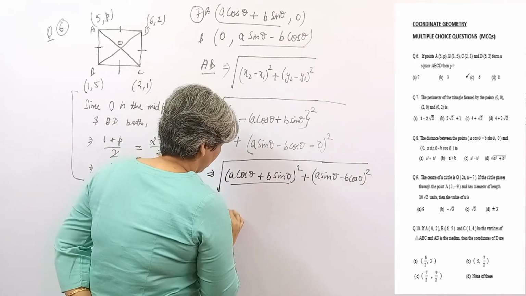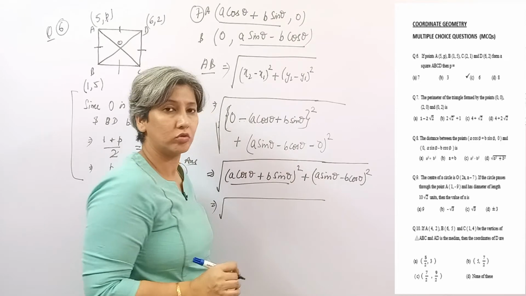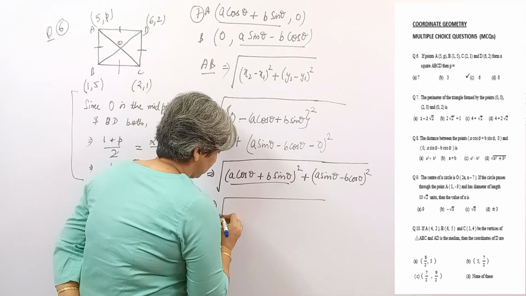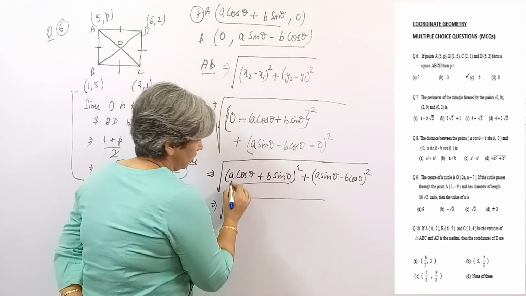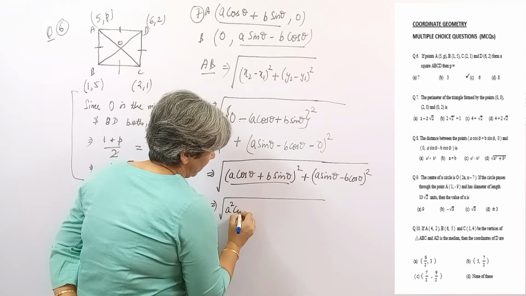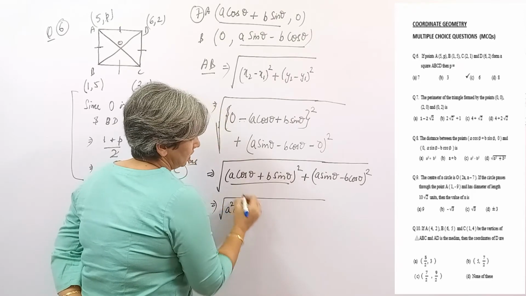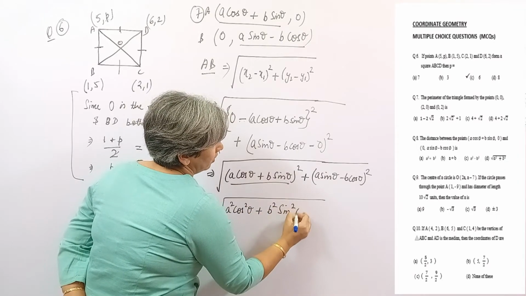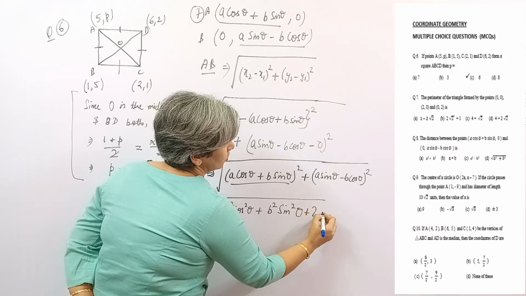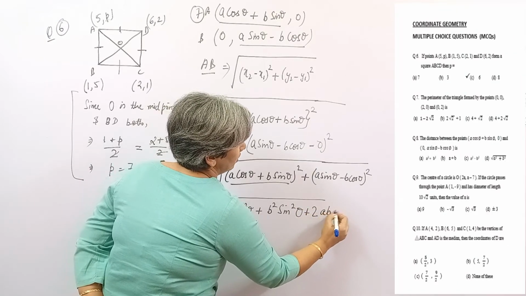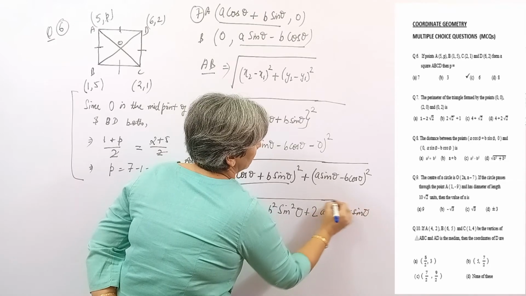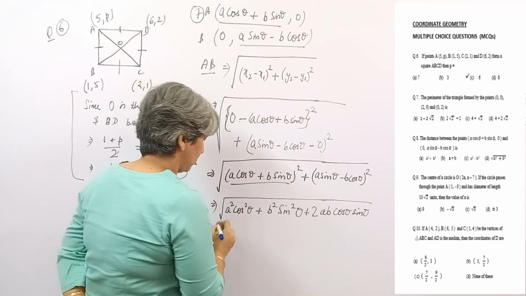Now let's quickly use the formula. We know (a plus b) whole square is a square plus b square plus 2ab. So we'll simply start putting the formula: a square cos square theta plus b square sin square theta plus 2ab cos theta sin theta, right?